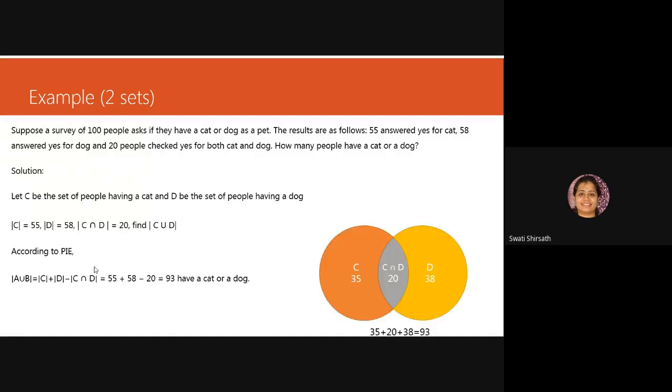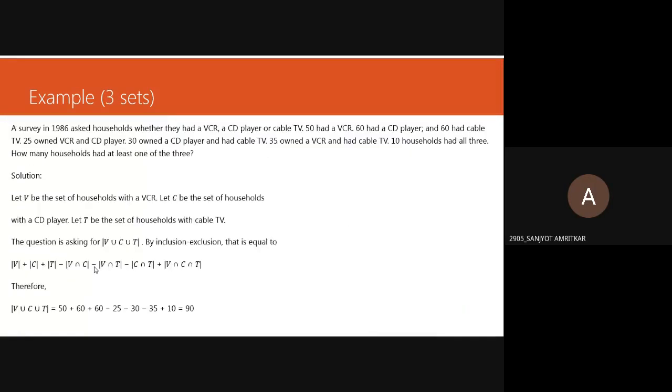Solution. Done? Yes, ma'am. Now write down this example and we'll discuss.